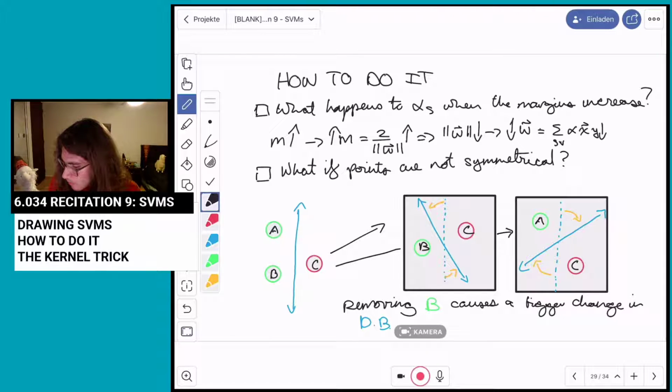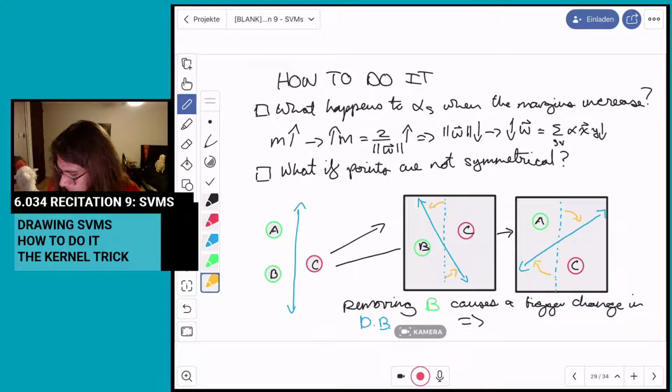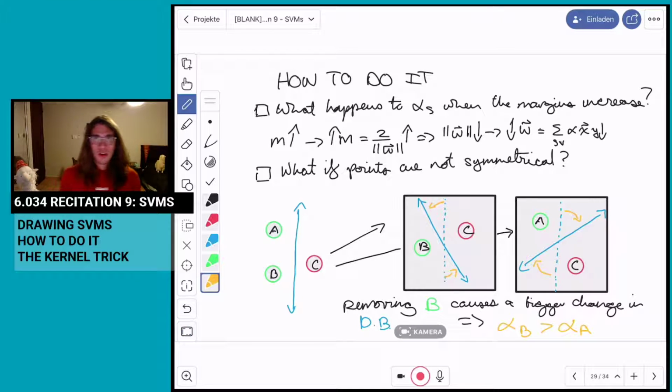And what that implies is that the alpha of B is greater than the alpha of A. So the supportiveness of B is greater because once you lose B, you get a greater shift in the decision boundary. And that's one intuitive way of thinking about this asymmetrical case and thinking which alpha value should have the greater value.